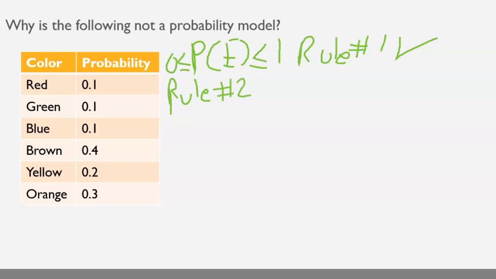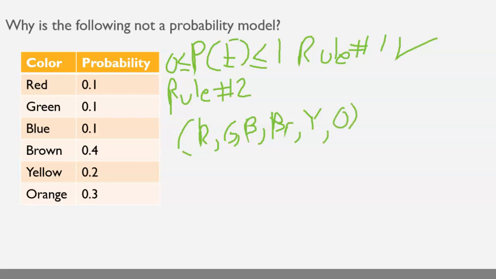Rule number 2 talks about the summation. So within a sample set, so within a set of things. Our set here would be the colors. So we have red, we have green, we have blue, we have brown, we have yellow, and we have orange.